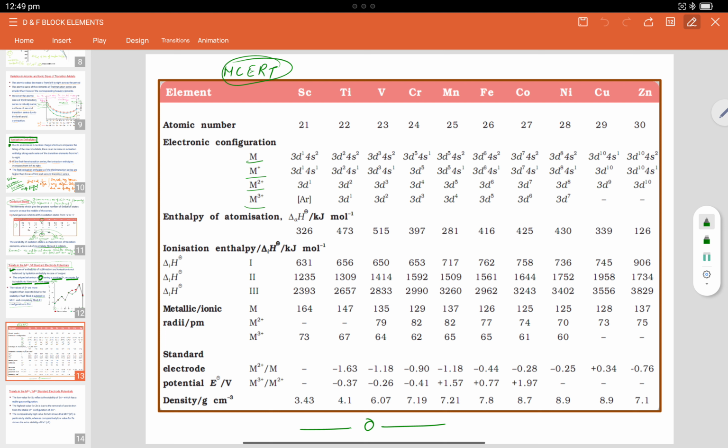Last time I discussed the atomic number for the first transition series, which is the 3D series: scandium, titanium, vanadium, chromium, manganese, iron, cobalt, nickel, copper, zinc. Ionization enthalpy, enthalpy of atomization, metallic and ionic radii, standard electrode potential, and everything is given.